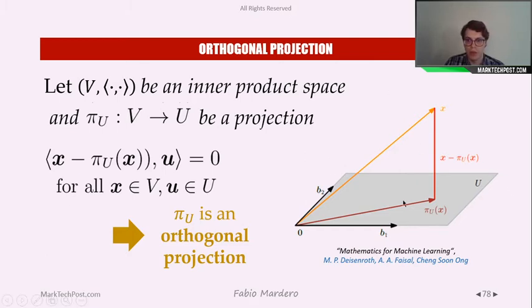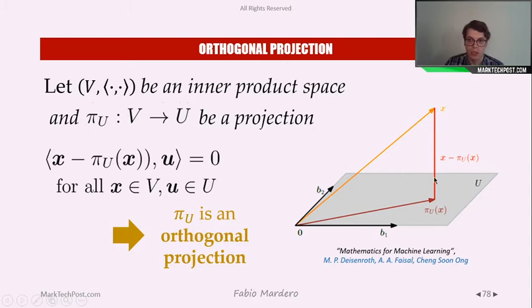As in the graph here, we can see that x minus pi of x is the vector that goes from pi of x to x.